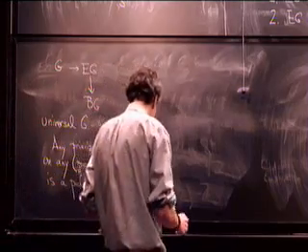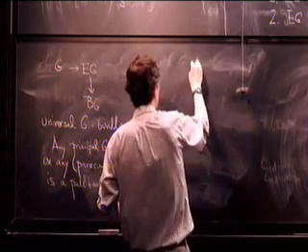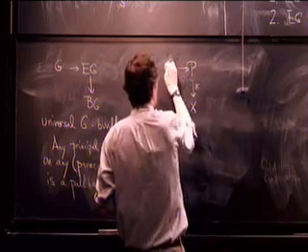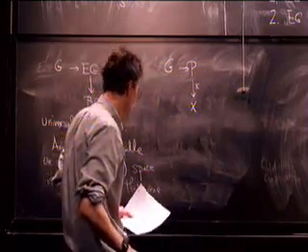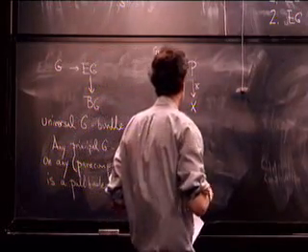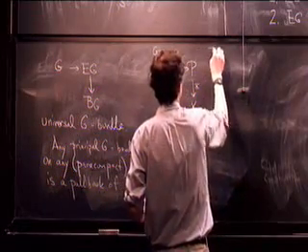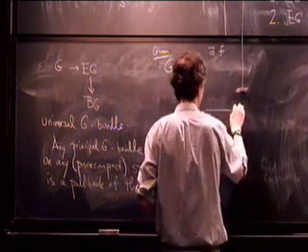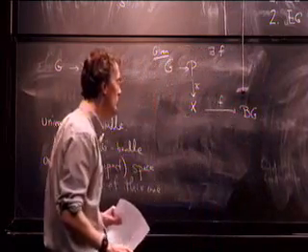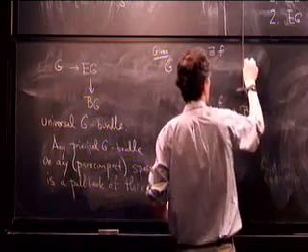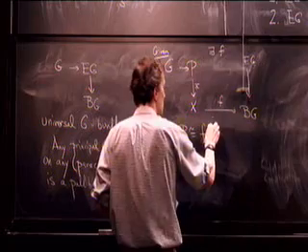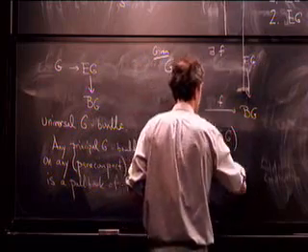What that means is, given a G bundle pi over x, any x, there exists a map F from x into BG so that P is isomorphic to the pullback of EG.